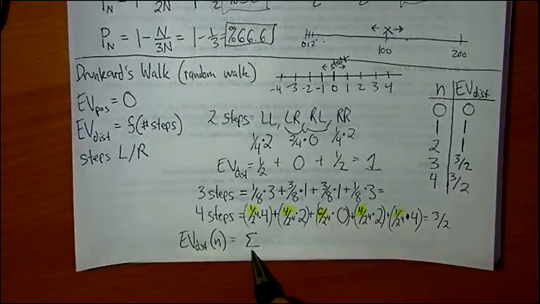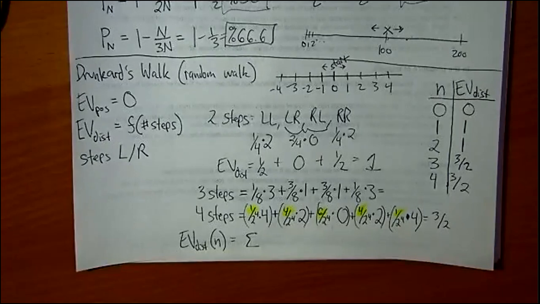Okay, where does the summation start and where does it stop? So what's our starting point? What's our stopping point? Okay, sum from k equals 0 to k equals n.